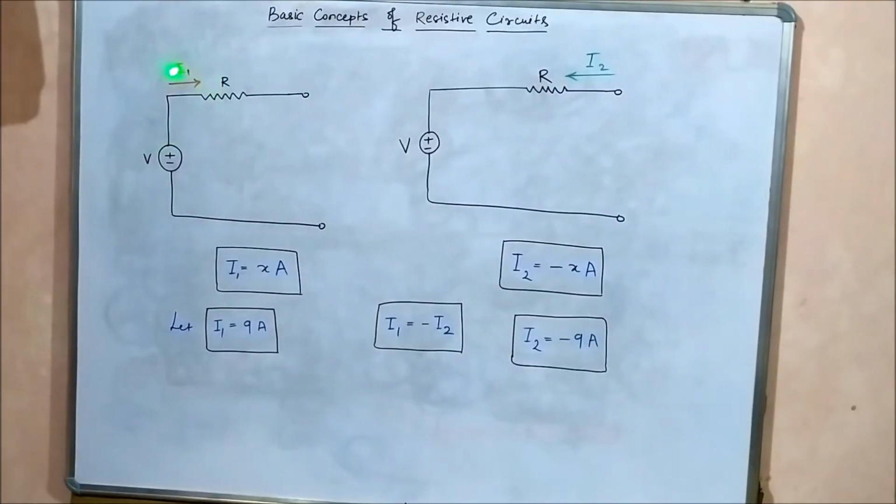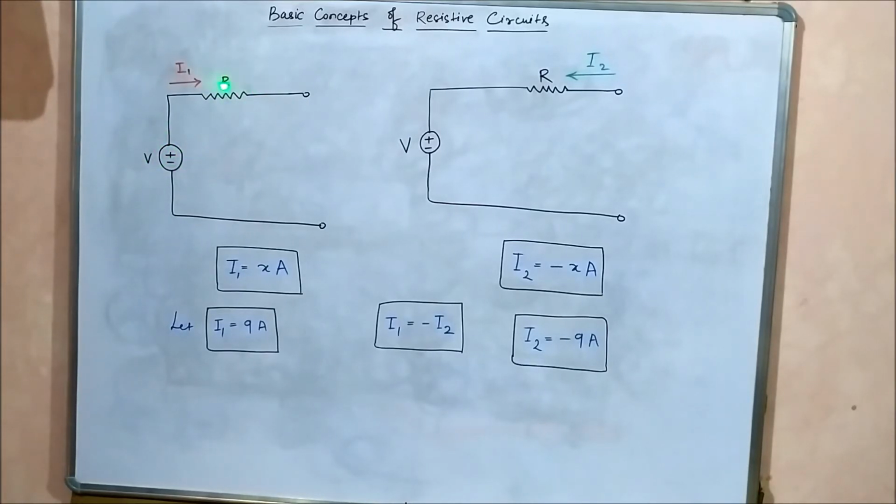So now we'll discuss another concept related to current flow in the circuit and the sign convention associated with it. Here also we'll compare two circuit networks. In this circuit network, we have a DC voltage source V and a resistor R. We're discussing resistive circuits.